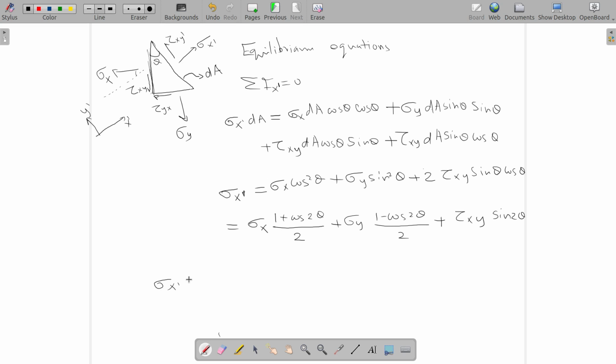Now we will see that sigma x dash is equal to sigma x and sigma y can be taken together.